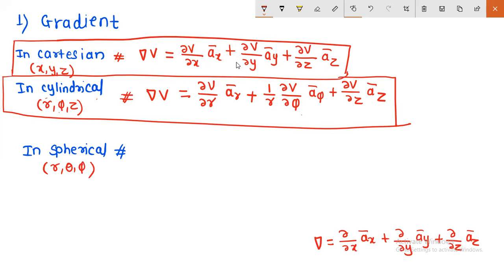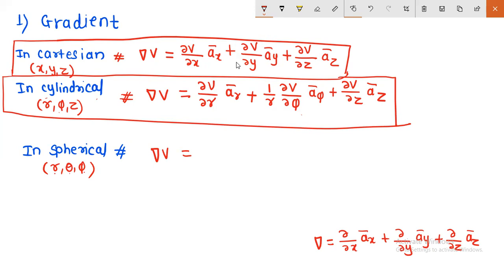So here again del into V is equal to, coordinates are R, theta and phi, means only R is going to remain same, this theta and phi are changing, differential lengths will change.